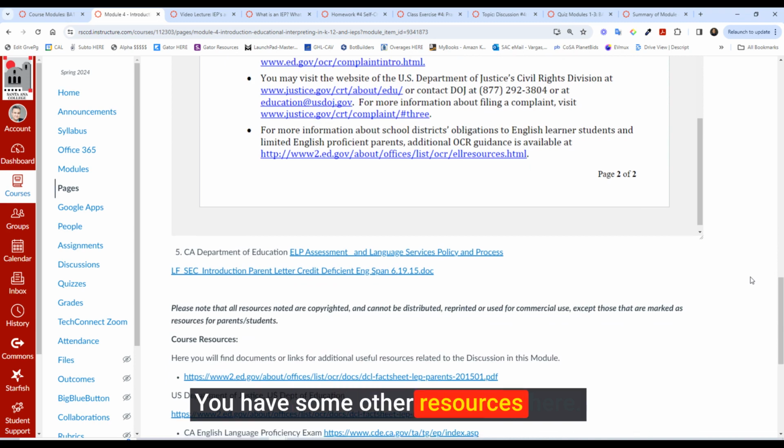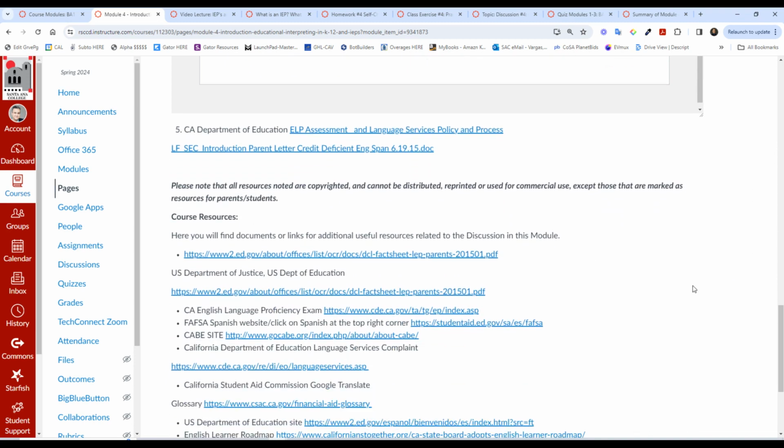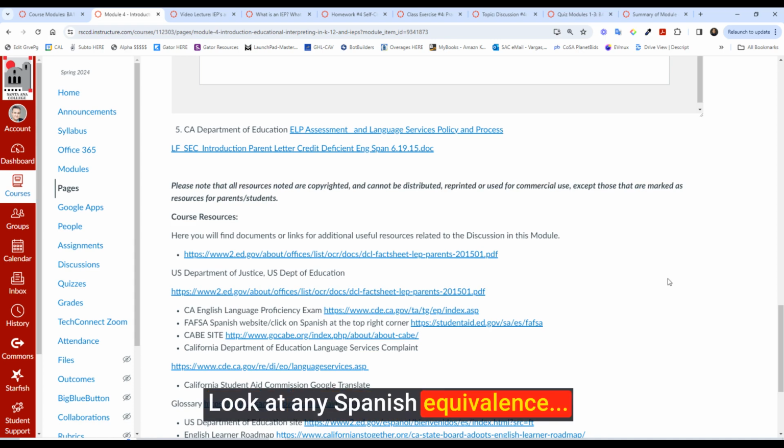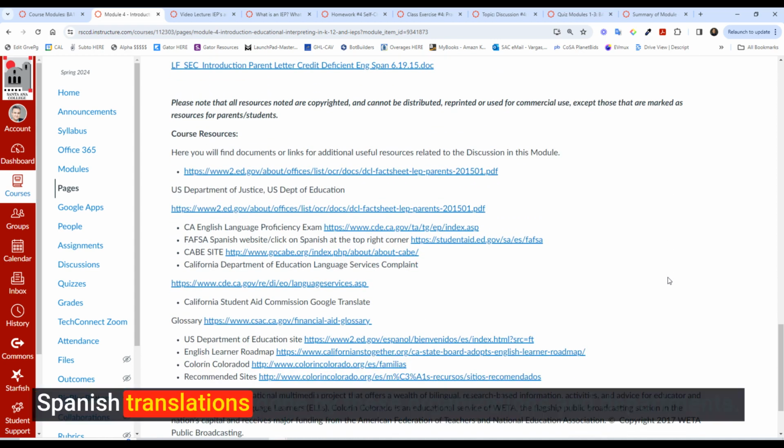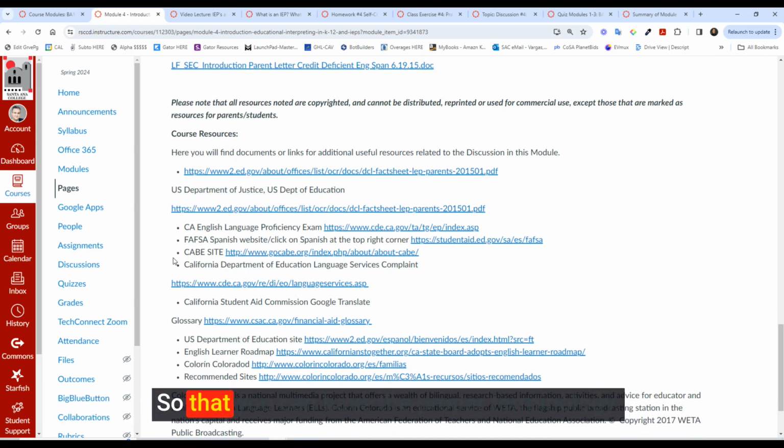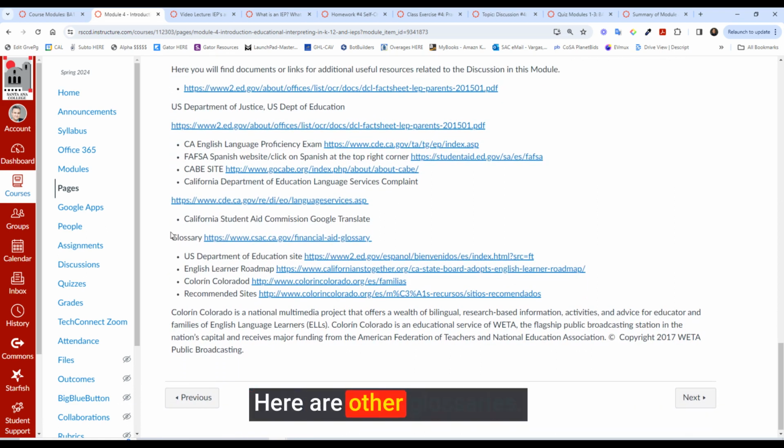You have some other resources here. Just peruse these. Look at any Spanish equivalents, Spanish translations done by these organizations and departments so that you can have the proper terminology. Here are other glossaries.